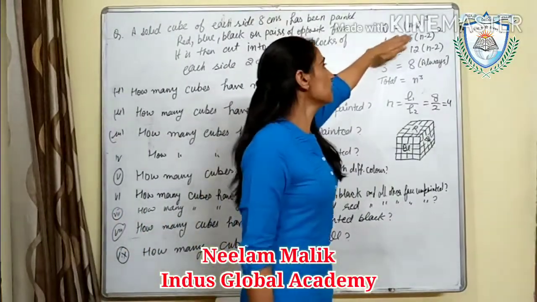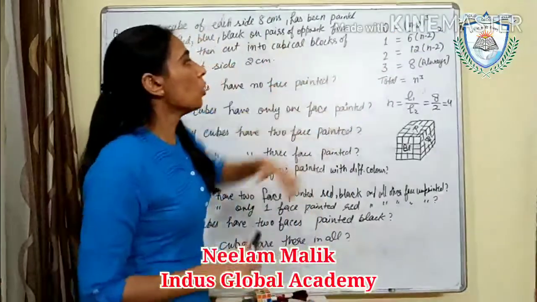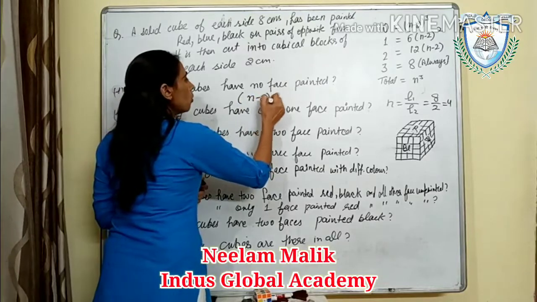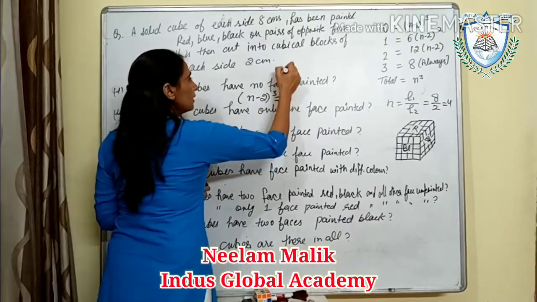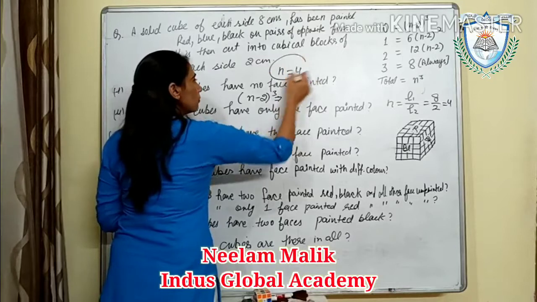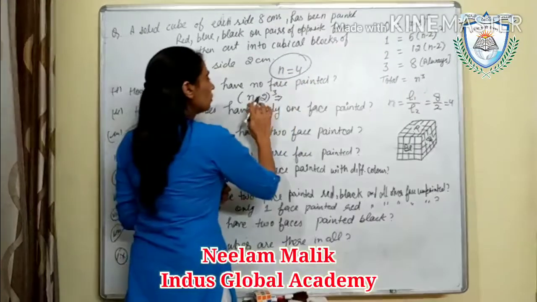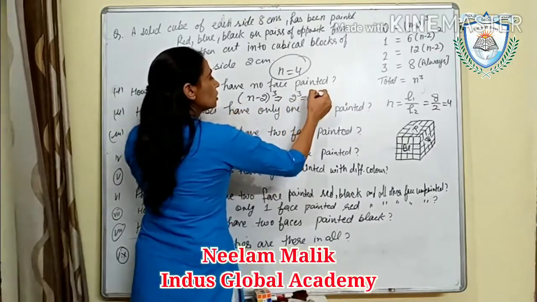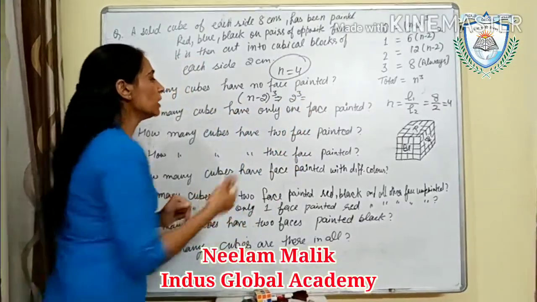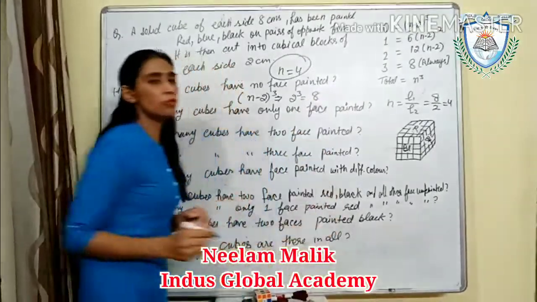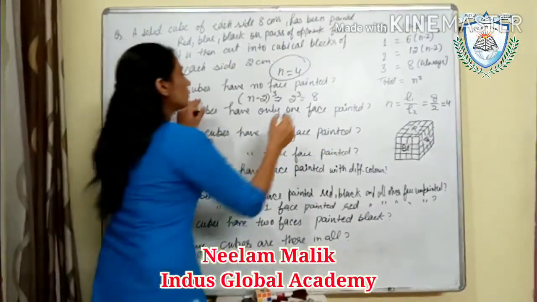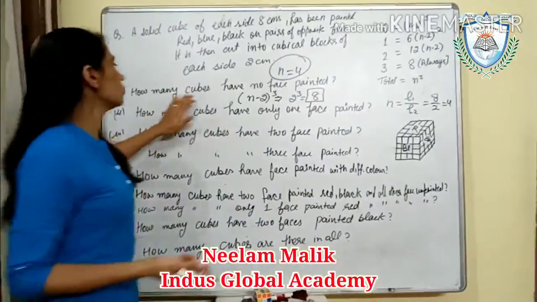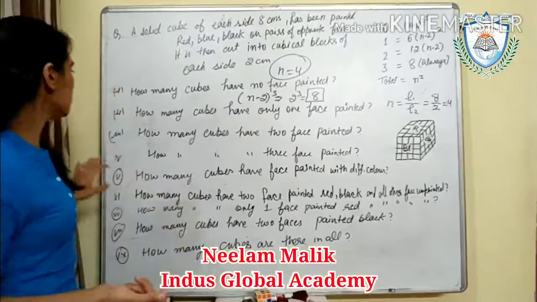That is n minus 2 whole cube. What is our n? n is 4. So here it will be 4 minus 2, 2. 2 threes are 2 cube, which will be 8. 2 twos are 4, 4 twos are 8. So the answer for the first one is 8. There are 8 cubes that have no color faces.